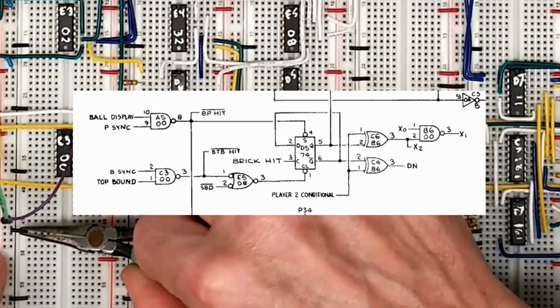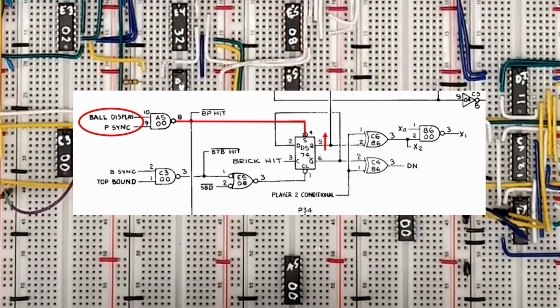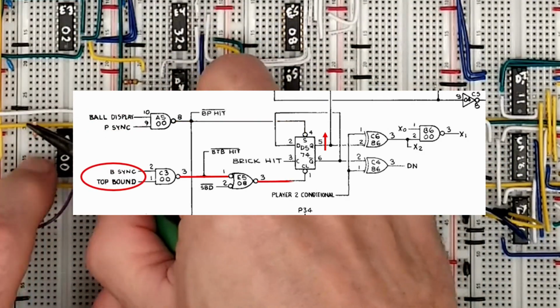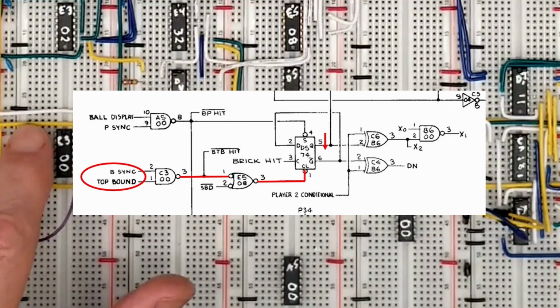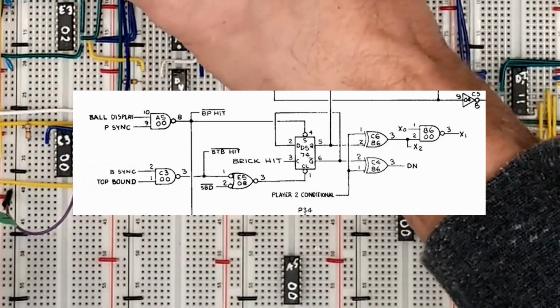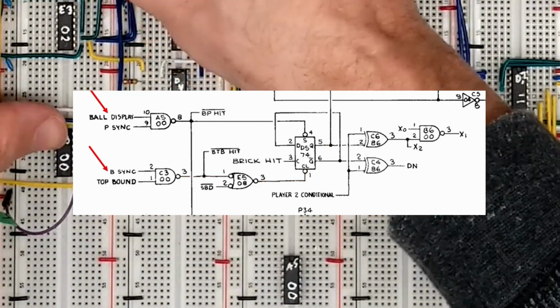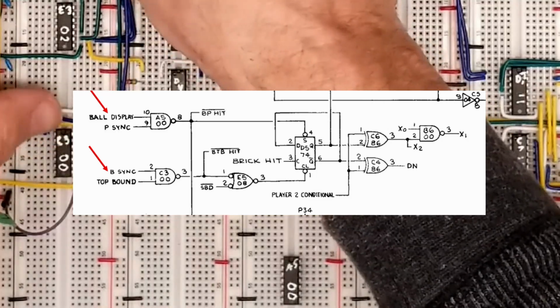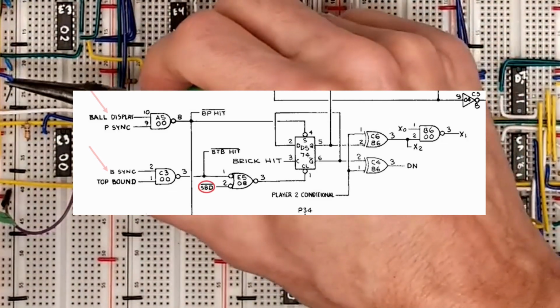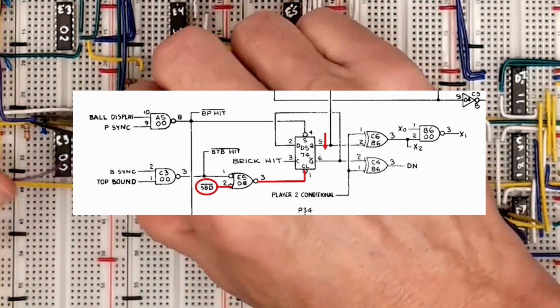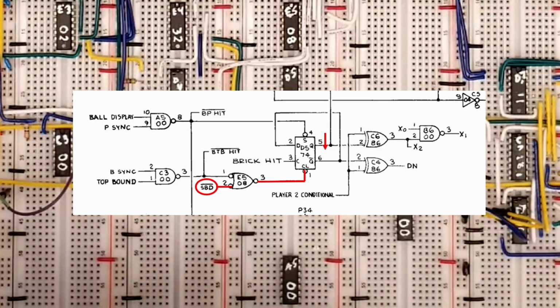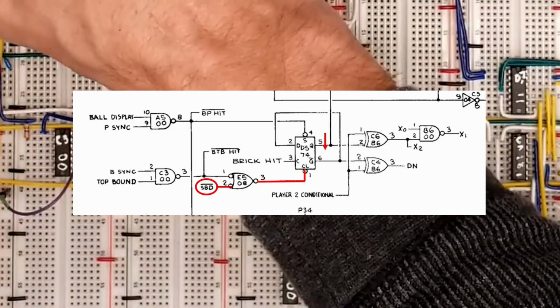When the ball hits the paddle, it sets the latch, and when the ball hits the top boundary, it resets. Interesting that they use the raw ball signal here, but the synchronized ball signal here. They also reset the latch when the ball is served. This assures that the ball initially moves towards the player.